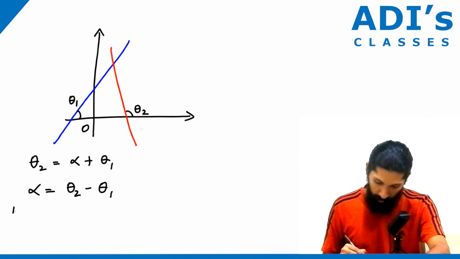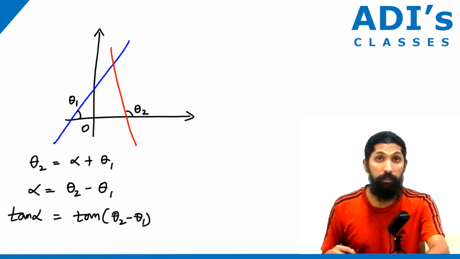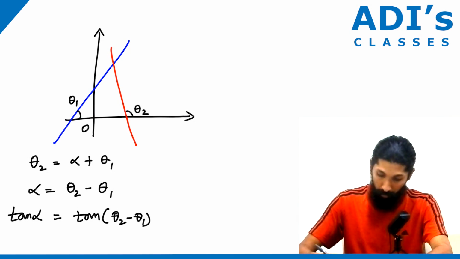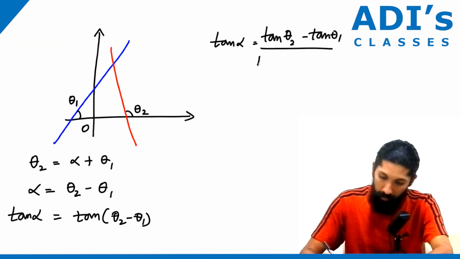So tan alpha is equal to tan of theta 2 minus theta 1. Now on the RHS it's tan of A minus B. So we have tan alpha is equal to tan theta 2 minus tan theta 1 by 1 plus tan theta 2 into tan theta 1.